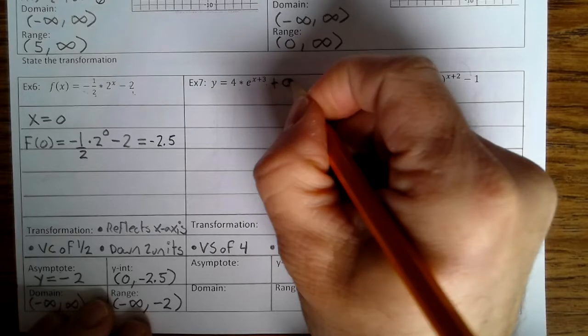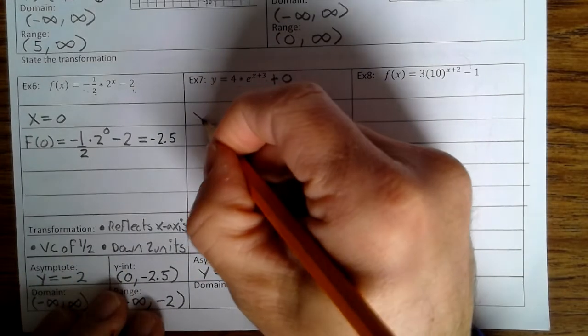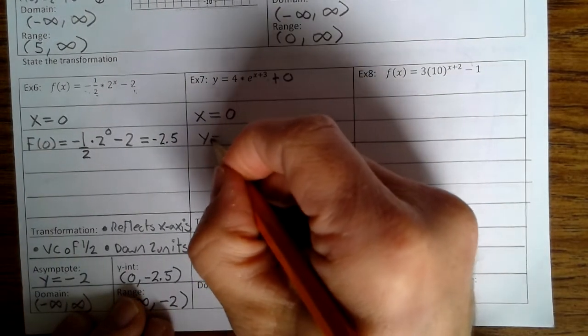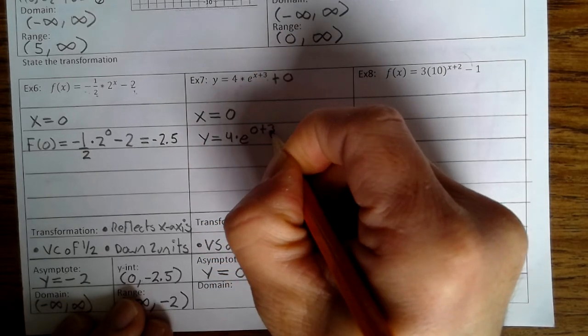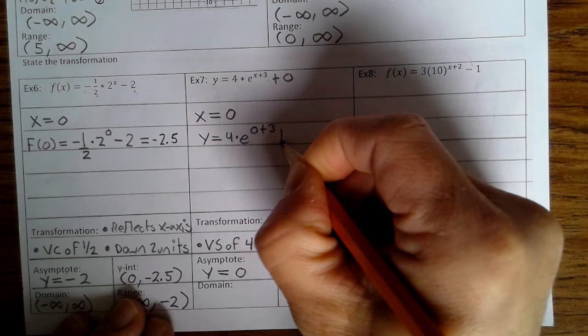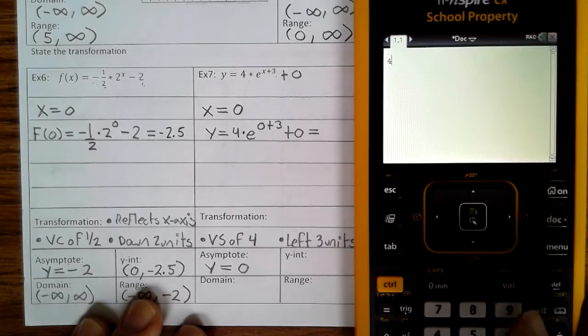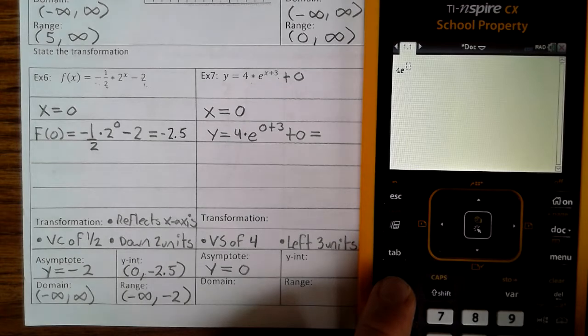So that's y equals 4 times e to the 0 plus 3 plus 0 equals, and this would be a good time again to use our calculator. So that's 4. Now to find the e is this button right here underneath the triangle, okay? So 4e, and I think that's a little bright. Let's try to adjust that a little bit. e to the 0 plus 3 plus 0 is 80, and this is one decimal place, 80.3, okay?